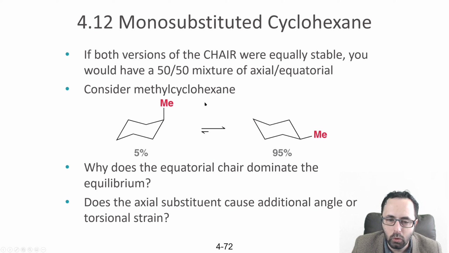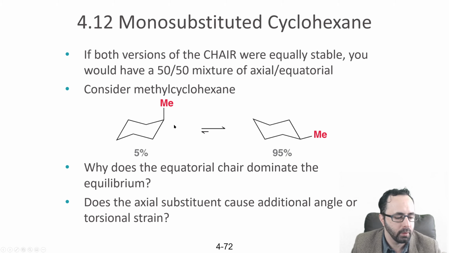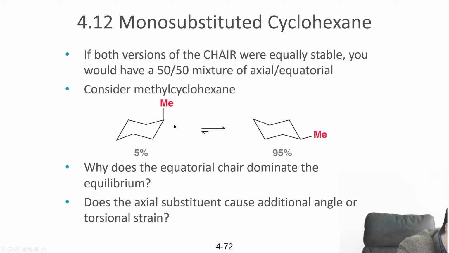Now, when they were all hydrogens, both versions of the chair were equally stable. However, what if we replace one of the hydrogens now with a methyl group? And so this methyl group is much bigger than any of the hydrogens.